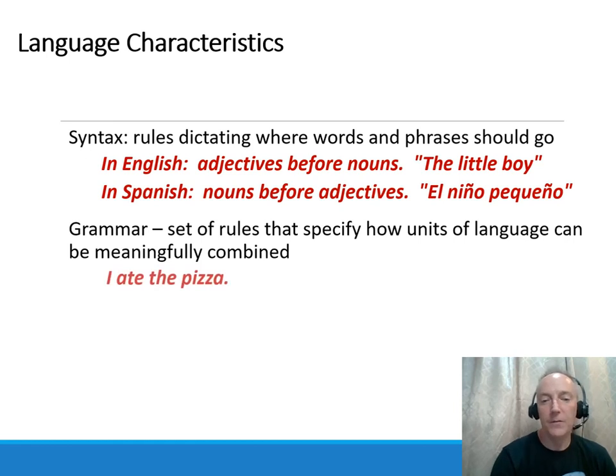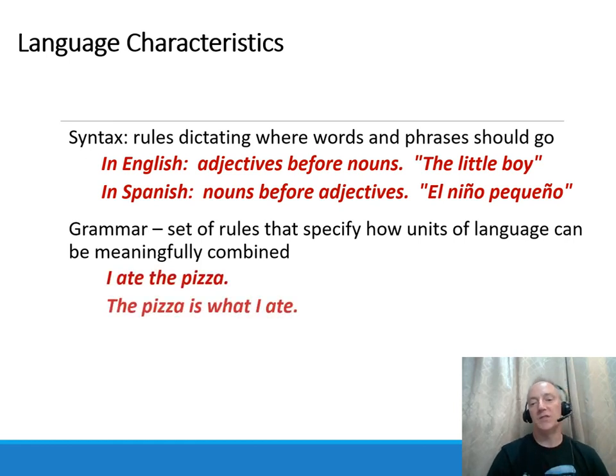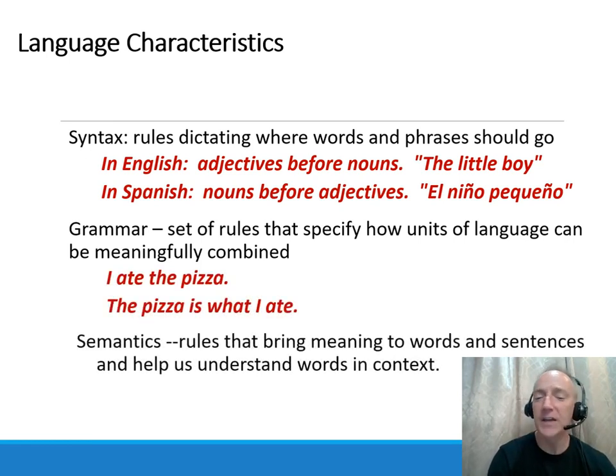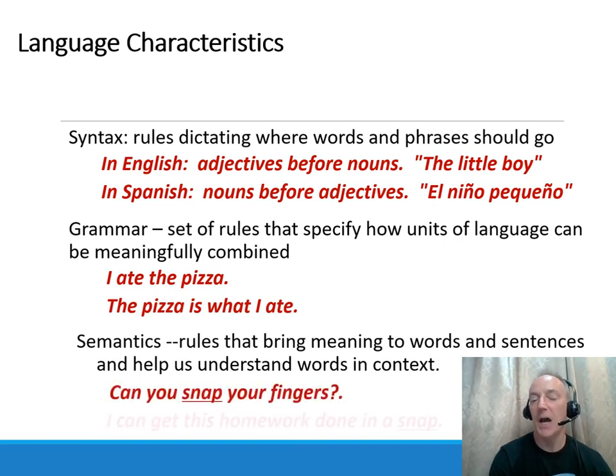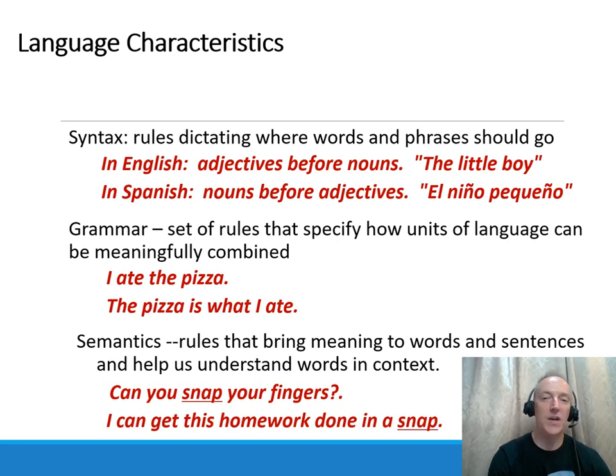Grammar refers to the rules that tell us how we can meaningfully combine elements of language so that we have a full grammatically correct sentence. And then semantics is the term used to refer to the rules which bring meaning to words and sentences. The things that give you a context.